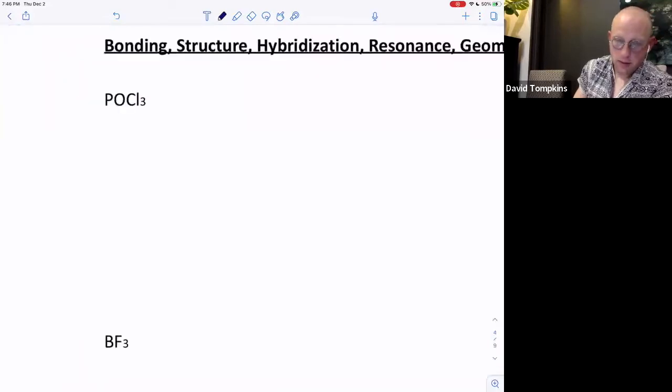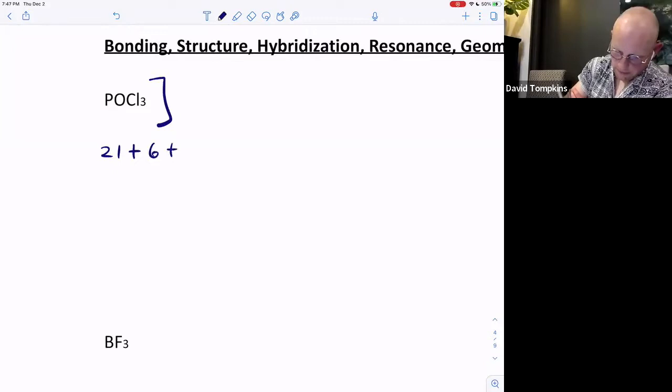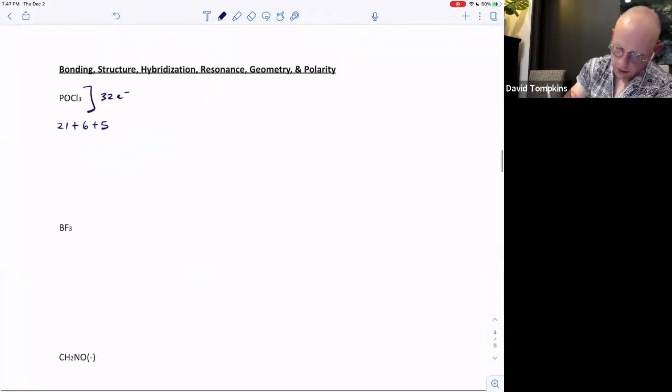But if you sum up the valence electrons of POCl3, there are 21 due to the chlorines, 6 due to oxygen, and then an additional 5 due to phosphorus. So that gives us a total of 32 electrons. Phosphorus generally likes to make 3 bonds.